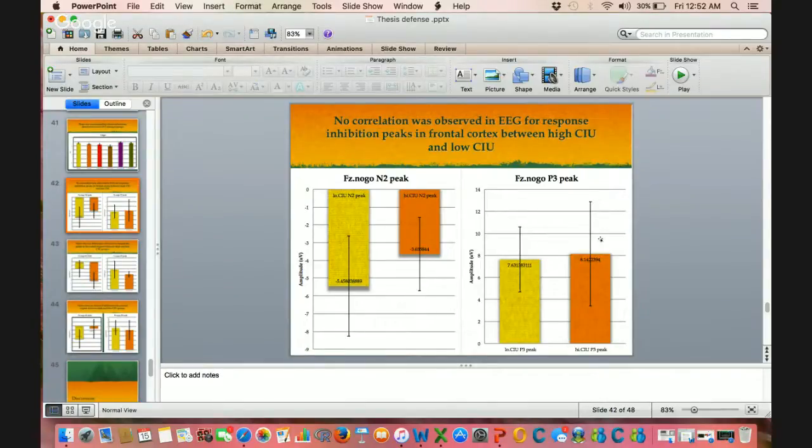That is the frontal region of the brain, where we see that the high compulsive internet users have a greater peak than the low compulsive internet users. And then we switch over to the P3 amplitudes, and we see that the higher compulsive internet users do have a greater amplitude, but no correlation was observed.